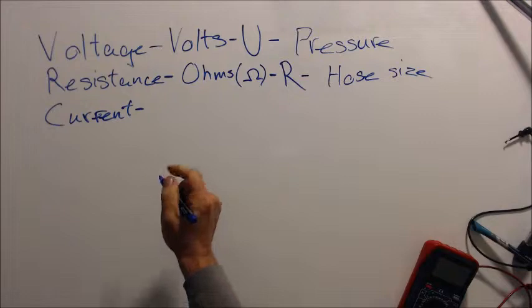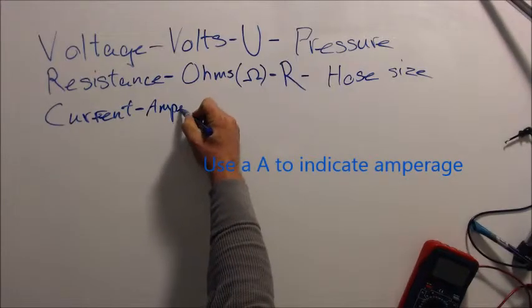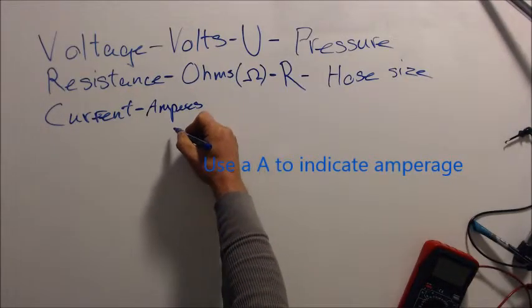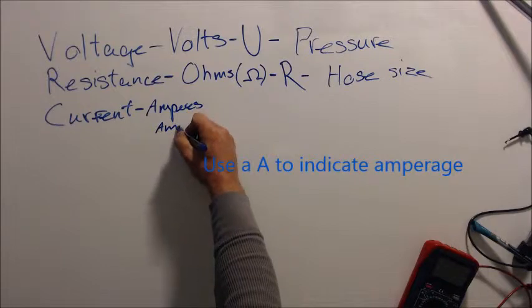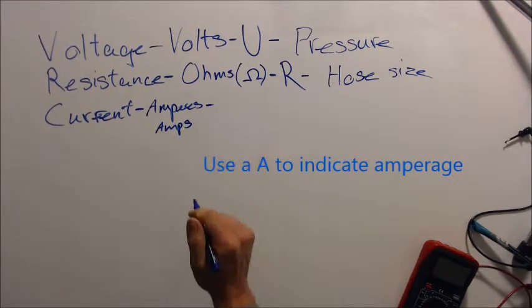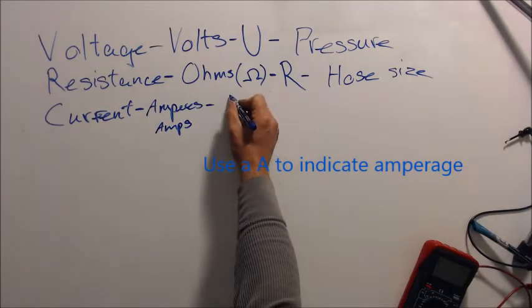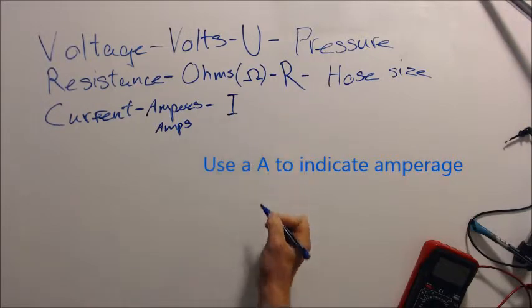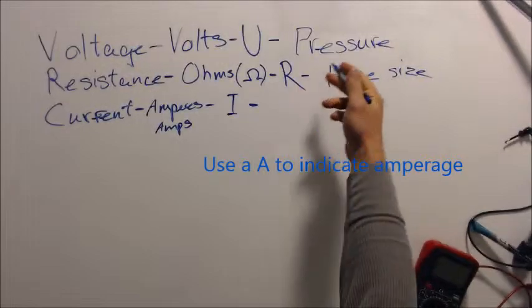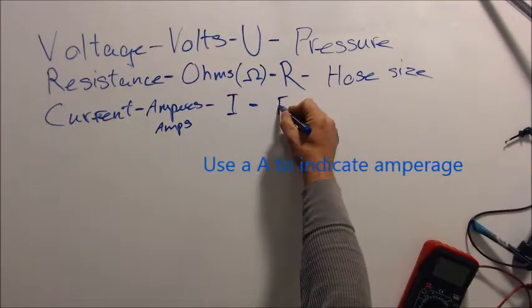The current is measured in amperes. Most people just call that amps. It's just short. The letter that we use for our calculations is I. And this, in our water analogy, will be flow.